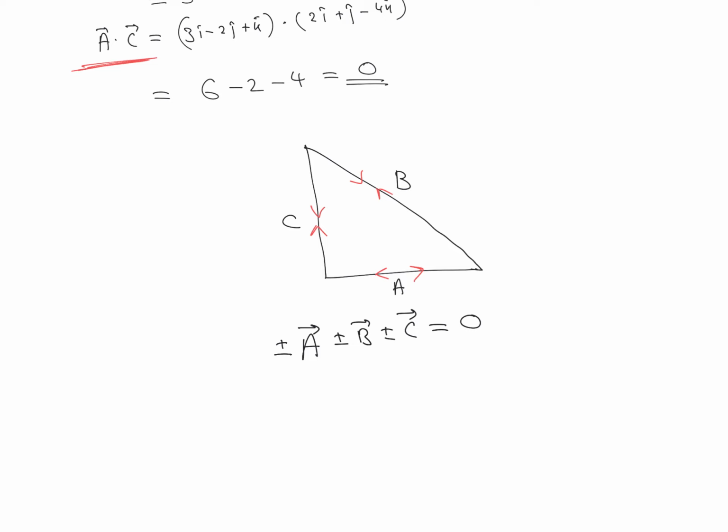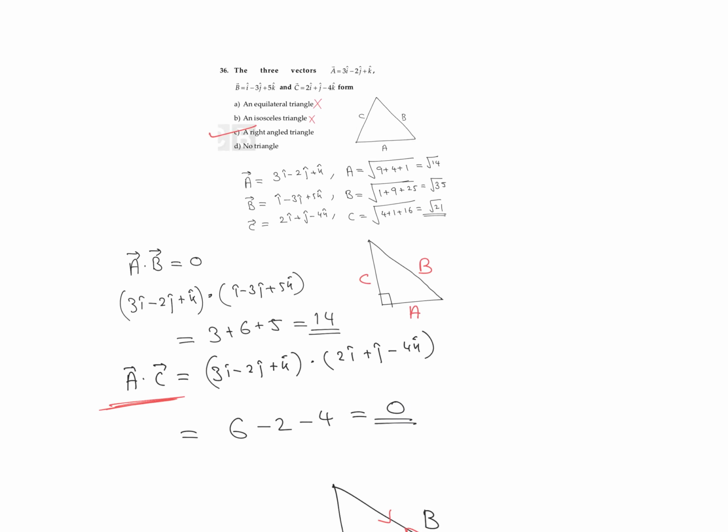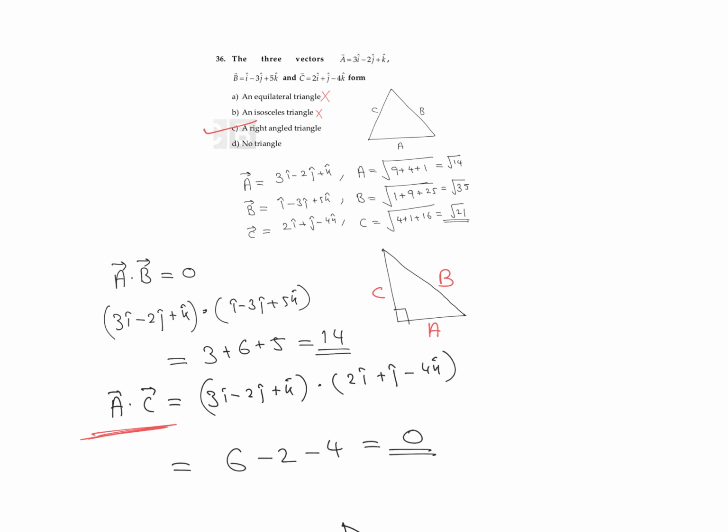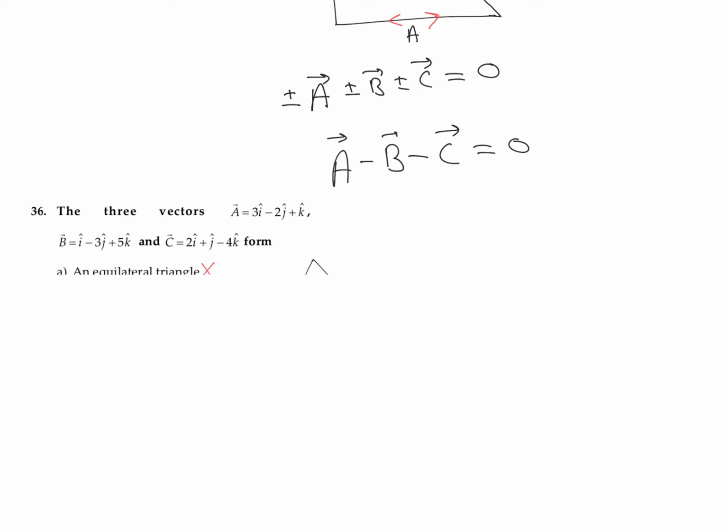So you can observe that if you are going for A vector minus B vector minus C vector, you will get the answer as nothing but 0. So let's check it. Our given vectors are nothing but these vectors. Now just try to do this mathematical operation.